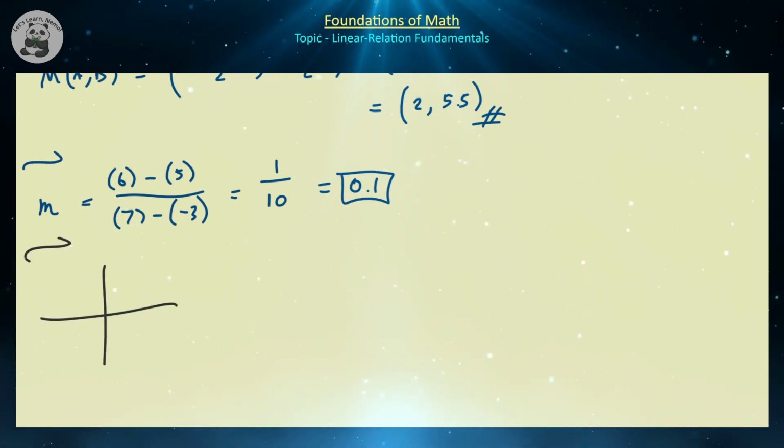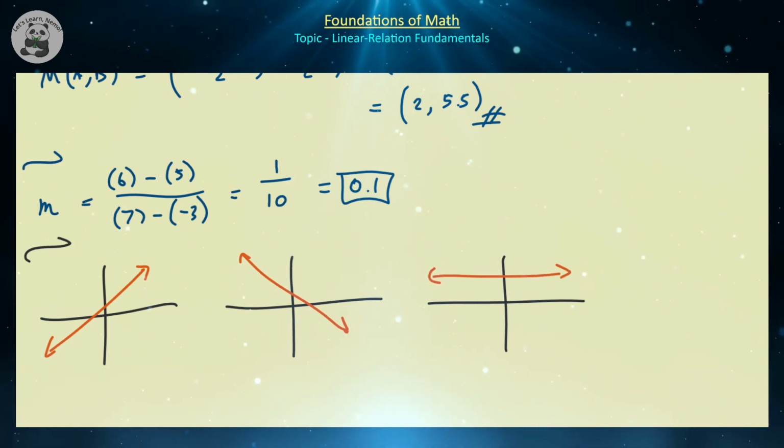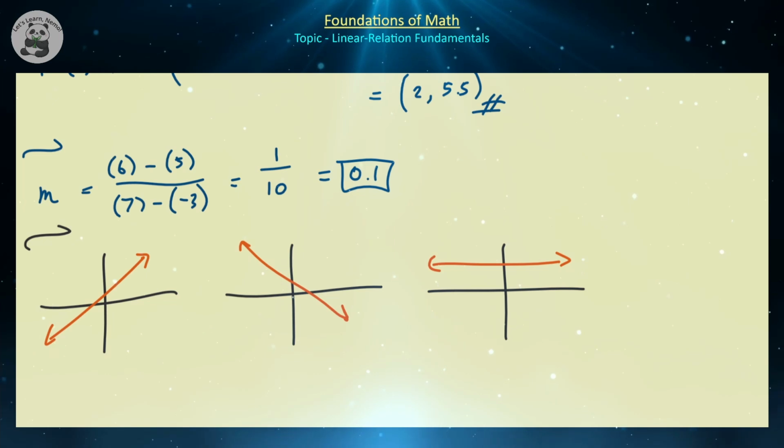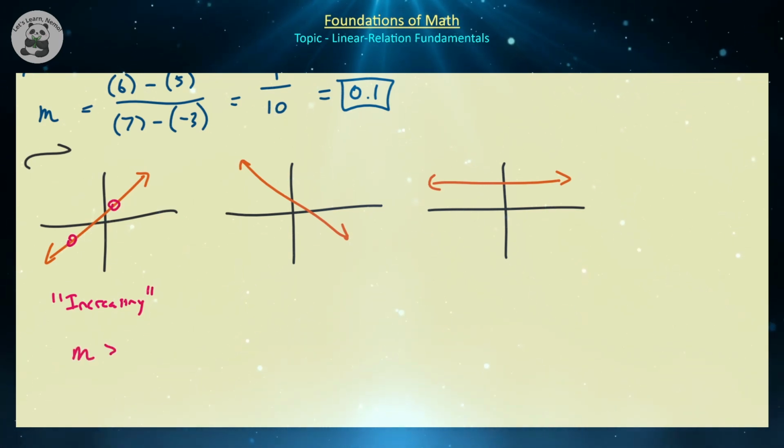It's very important to know and be able to interpret each of these things. So this is what we refer to as an increasing line, a decreasing line, and a constant line. That would be our constant function from before. So we say that a line is increasing if the slope of the line between any 2 points on that line is positive.